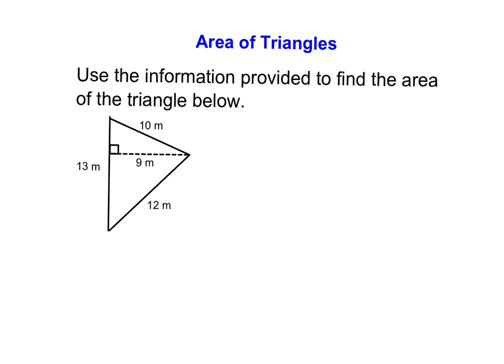Now this third example here is a little trickier because the height is not a vertical value. So our area equation here is still 0.5 times the base times the height. But remember, our height is always that internal value going up to a point with a 90-degree angle. So our height here is actually 9 meters.